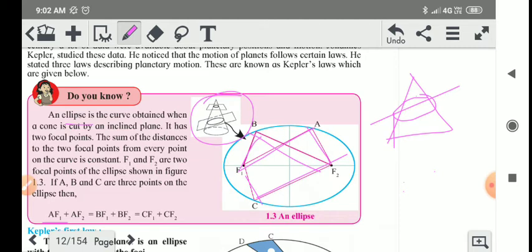So this is the concept of an ellipse having two focal points, obtained by cutting a cone with an inclined plane.